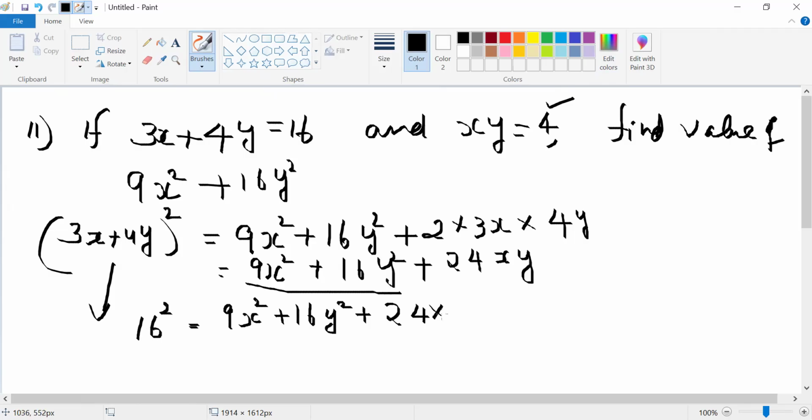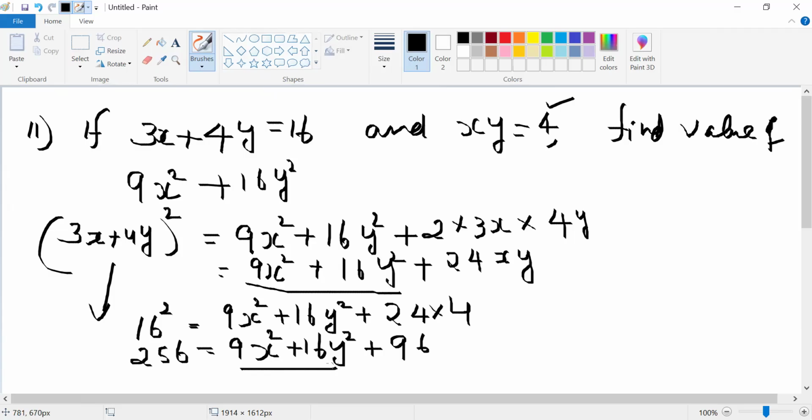Put that. So 16 square is 256, equal to 9x square plus 16y square plus 24 into 4, 96. Now I want this alone. So 96 take to the LHS.